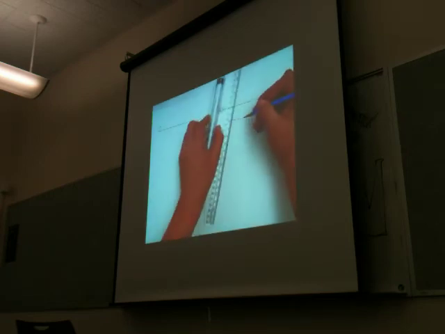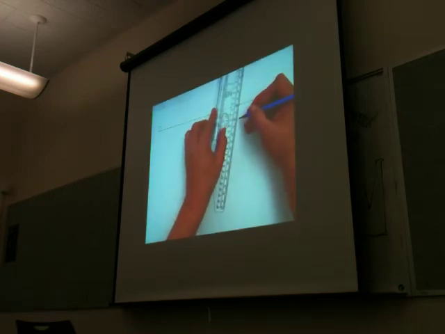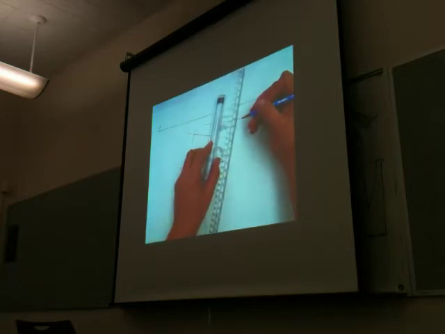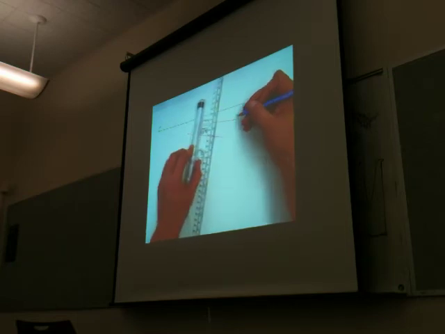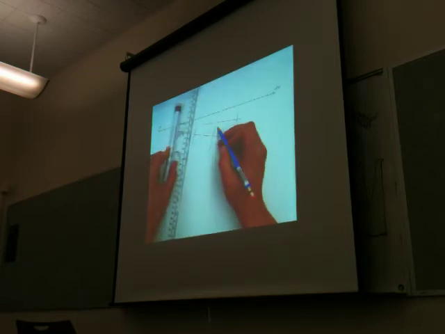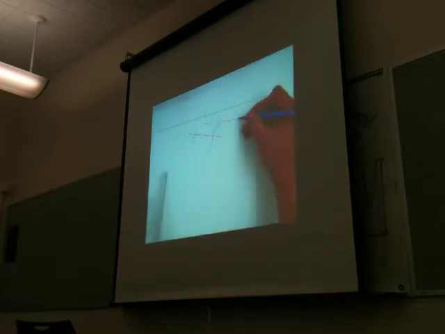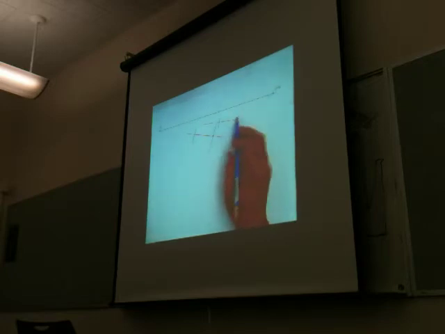But now look what happens here. You see that these are 90, and so these are parallel, but these are different.